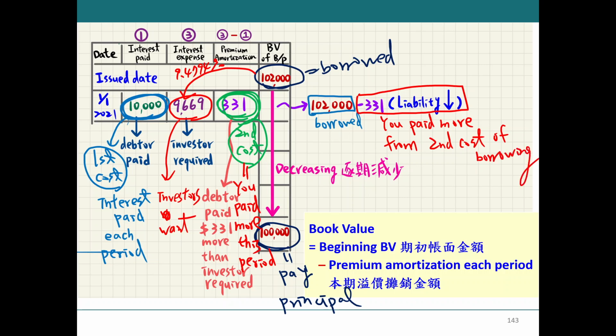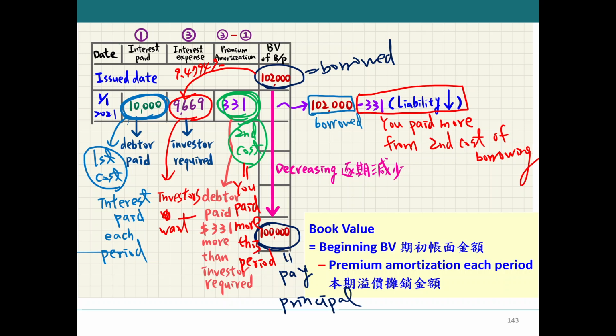So that's why your liability should be decreasing over periods, because each period you pay more money to them, okay? So that's why on the last day, you just need to pay $100,000. Any questions?